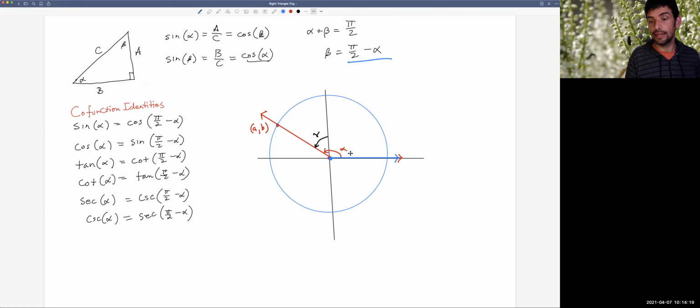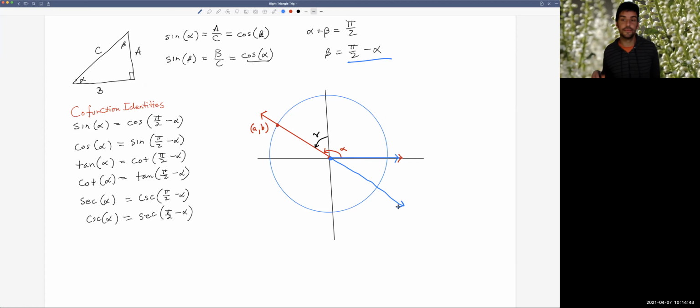So if beta is pi over 2 minus alpha, it means we've gone pi over 2 in this direction. When we go minus alpha, we'll go pi over 2 back plus that same little gamma angle, right? Which is going to leave us right here.